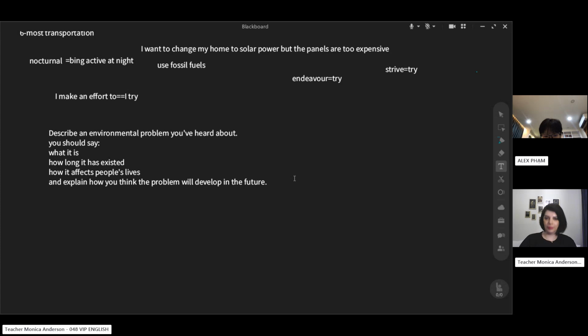Well, air pollution is the environmental problem that I was really into, because I think it has existed a very long time ago, but since the early 2000s there was a big, massive growth of air pollution.